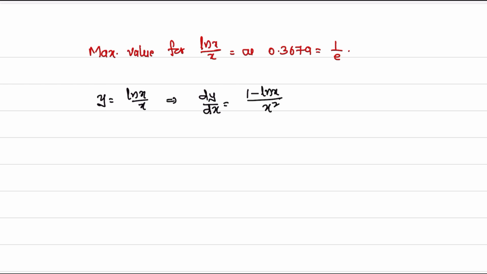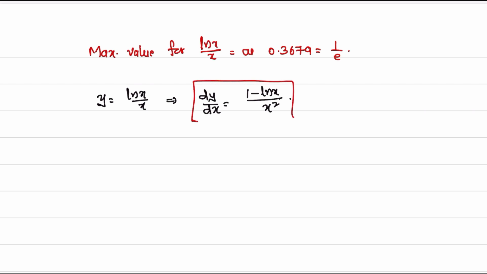Please refer to your higher secondary calculus or pre-calculus courses if you have attended them in secondary school. When y is equal to ln x by x, then dy by dx is equal to 1 minus ln x by x square.